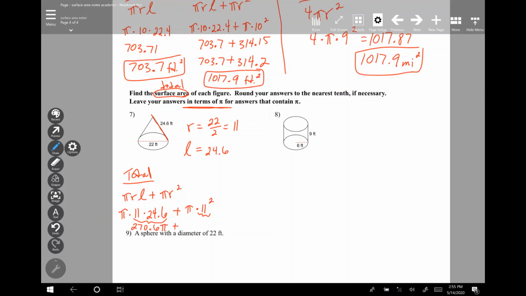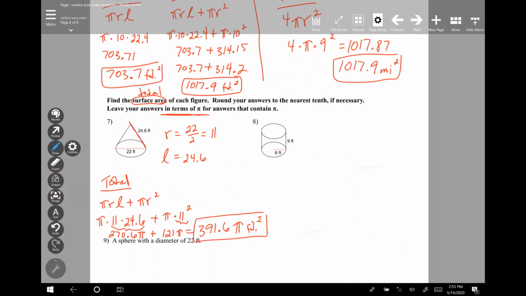Plus, over here, I'm just putting the 11 squared, which is 121, so it's 121 pi. Now to add these, you just add the numbers in front. You can think of pi kind of like x. So 270.6 plus 121, and we get 391.6 pi, and it's feet squared. So that's for our cone.